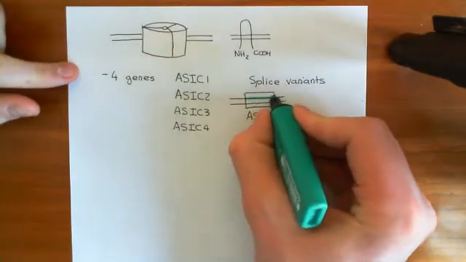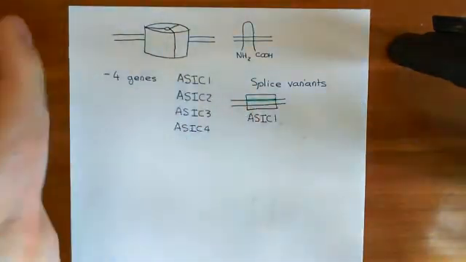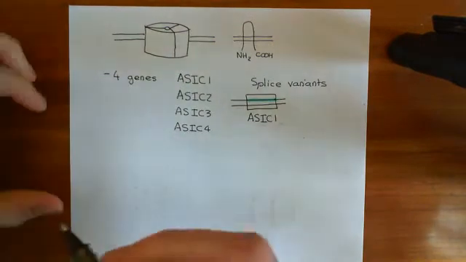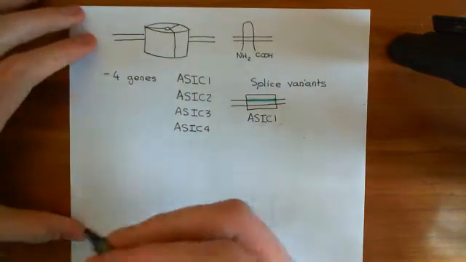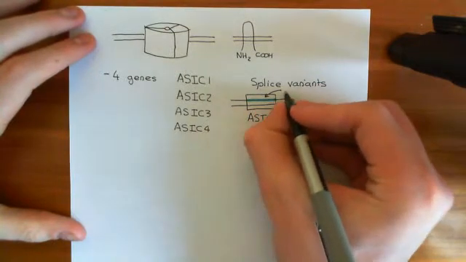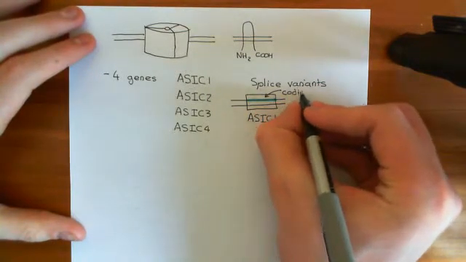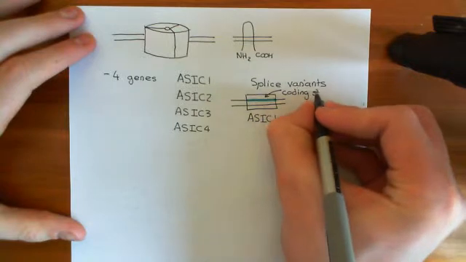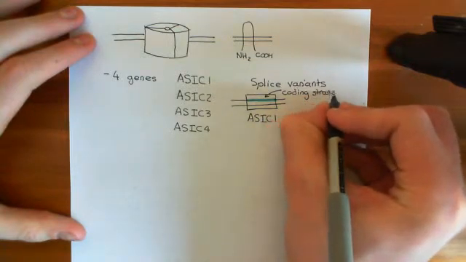The strand which the RNA polymerase actually works along and produces a piece of mRNA which is complementary to is known as the coding strand. So this strand that I've coloured in turquoise, let's suppose that this is the coding strand of the gene.